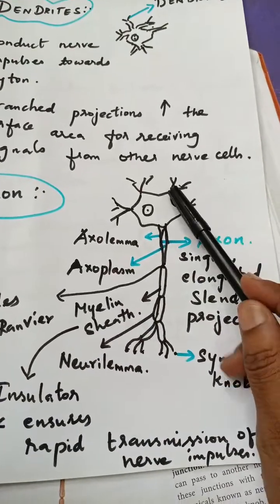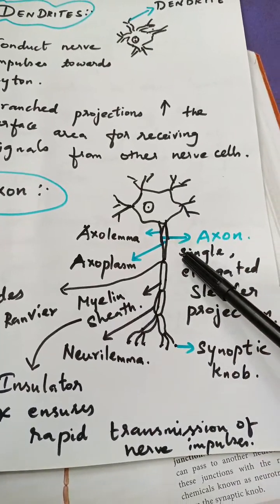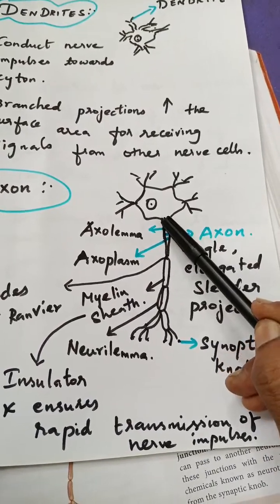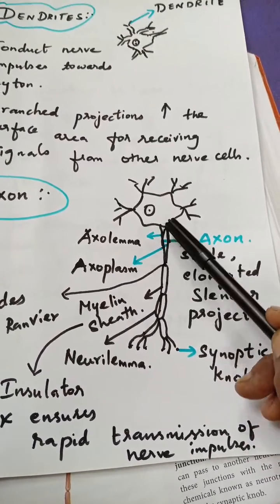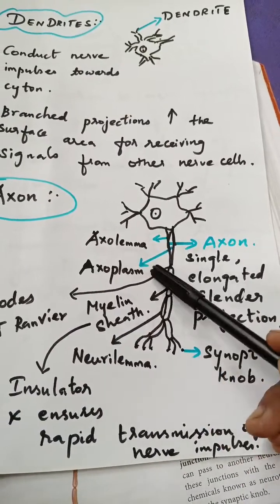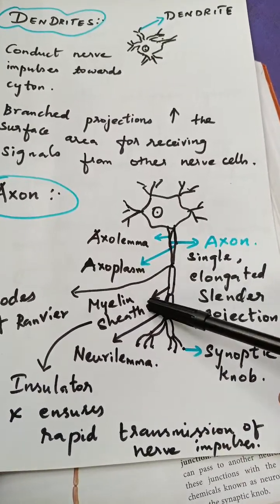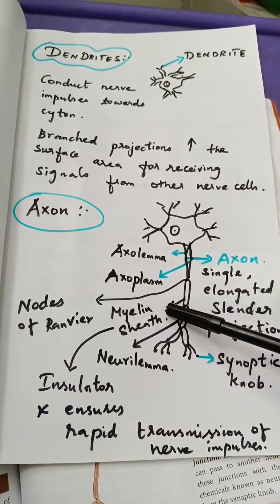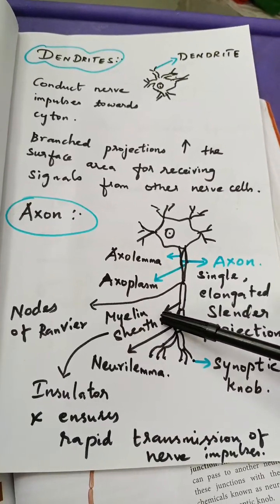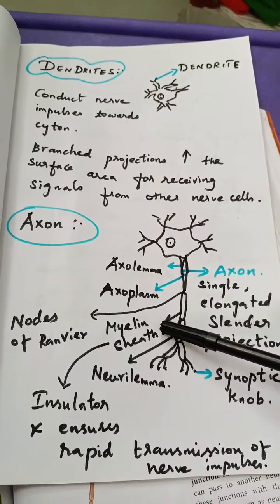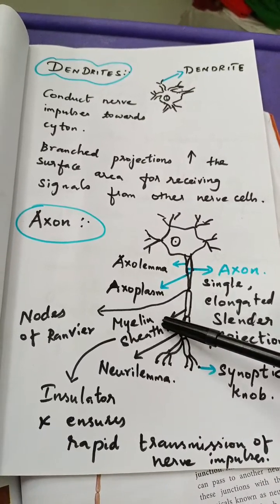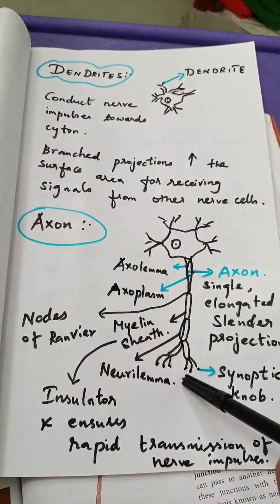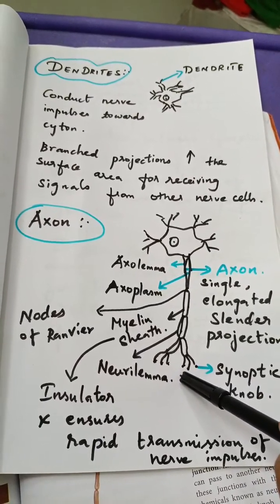And we studied about the axon. The axon is continuous as a single slender elongated projection, and inside you have the axoplasm. The outer layer is known as the axolemma, and then it is protected by the myelin sheath. This myelin sheath provides insulation and ensures the neurotransmission of the impulses from one neuron to another, towards the nerve ending, known as the synaptic knob or synapses.